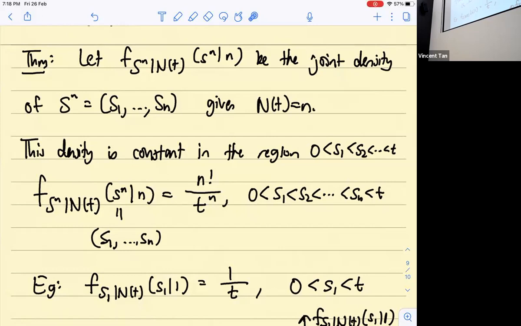N(t), if you interpret N(t), it is the number of arrivals of the PP of lambda type, so basically the Poisson process.